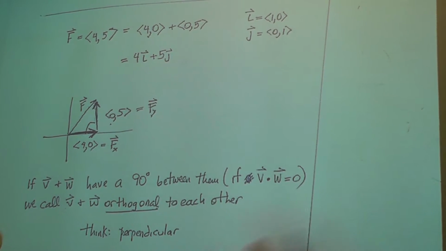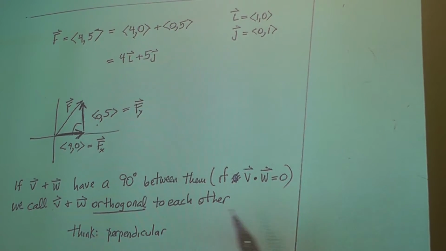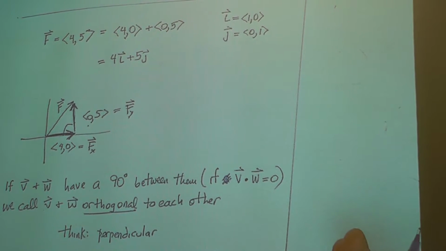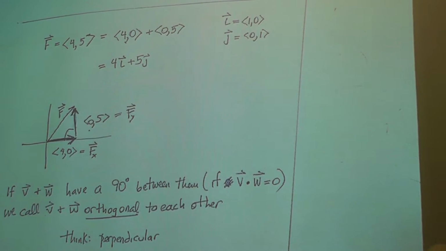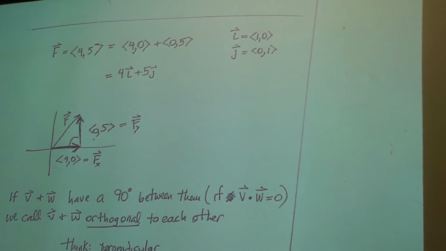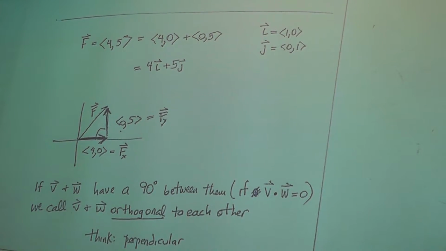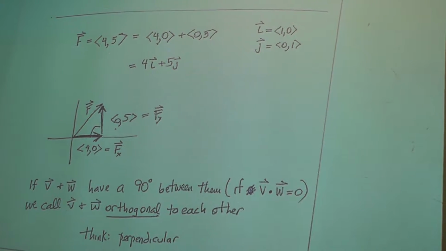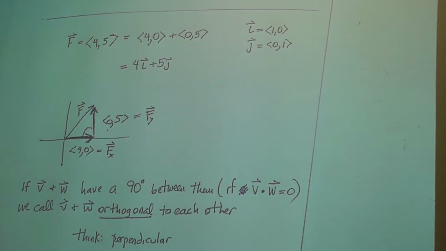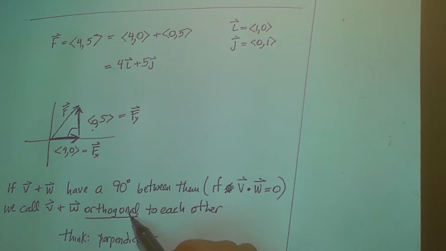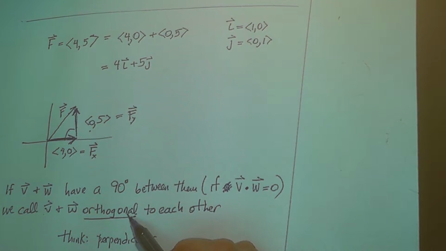There's going to be a whole bunch of different vocabulary words for things that are, in essence, perpendicular. Math people usually will use perpendicular to indicate a 90-degree angle between two lines. When two vectors are at a 90-degree angle, they will use the word orthogonal.